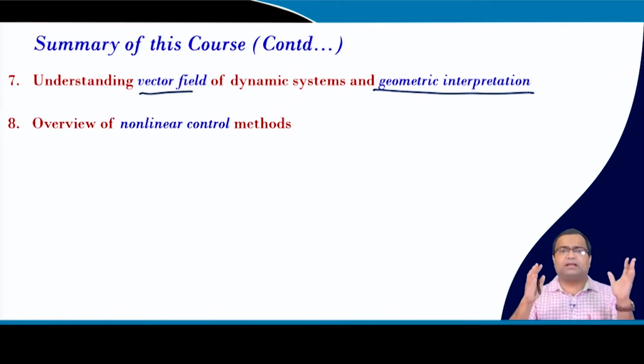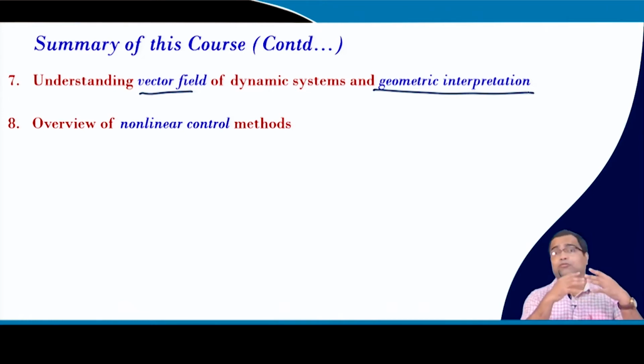Then I have also provided an overview of nonlinear control methods, and we have categorized these nonlinear control methods based on 3 different models. The first model was the linear parameter varying model, because whatever switching converter transfer function we obtain is basically obtained around some steady state equilibrium point.